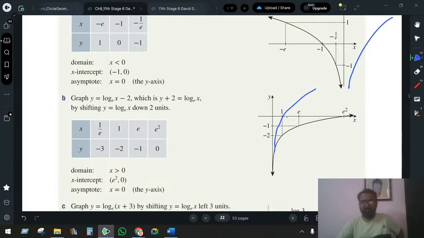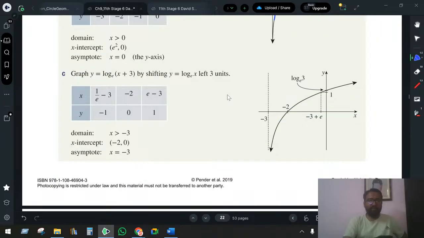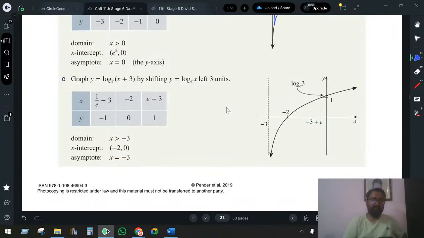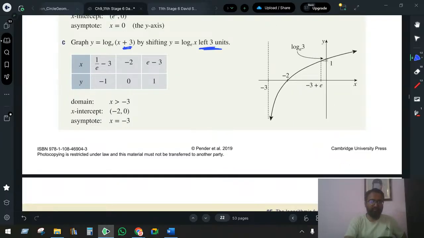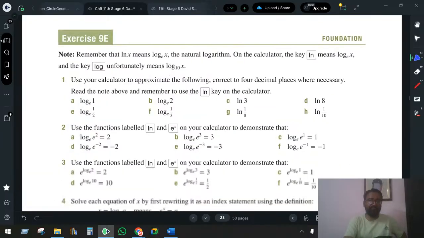It shifted 2 units down. And log of x plus 3: plus 3 means left side, the graph moves left 3 units on the x-axis.